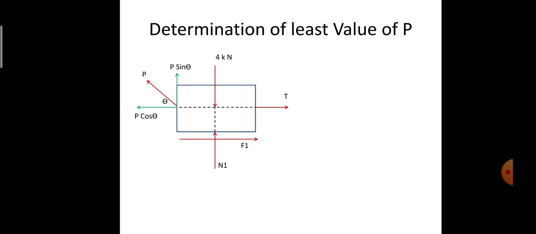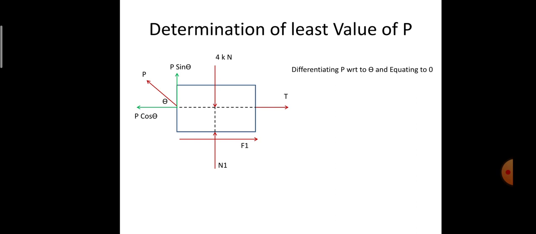Now, after getting the equation, we are supposed to find the unknowns for the overall system, that is P and theta. For that we need to determine the least value of theta.